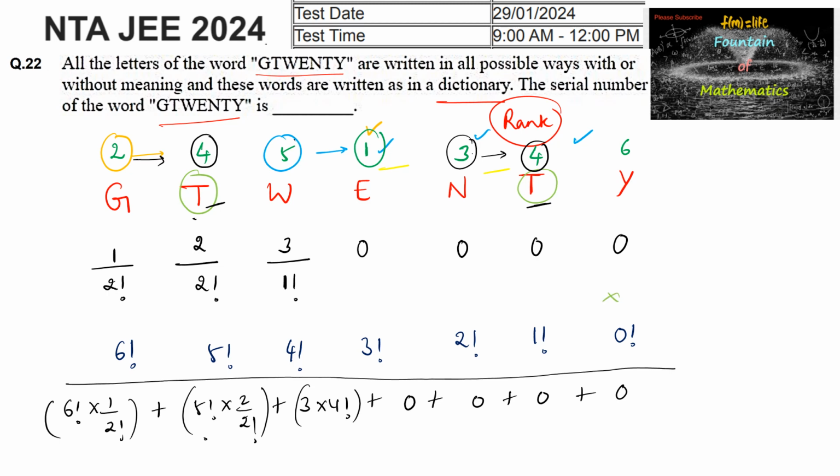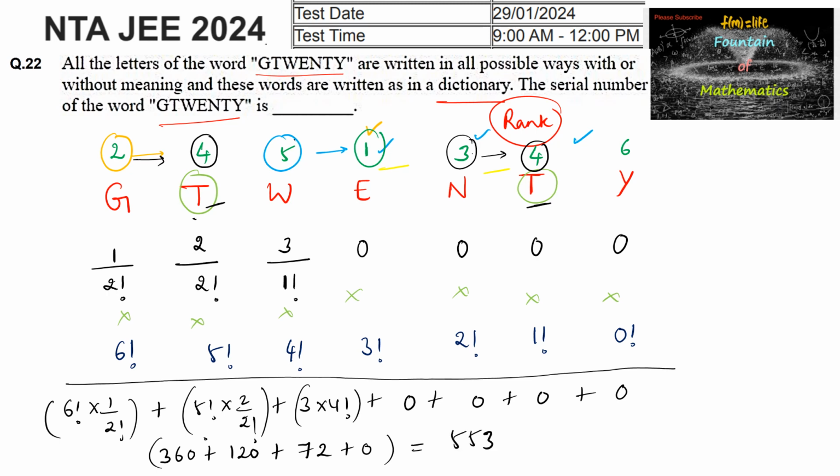So respectively I just multiplied, so that we will be getting 6 factorial is 720 divided by 2, which is 360. And 2 factorial upon 2 factorial is 1. 1 into 5 factorial is 120. And 4 factorial is 24. 3 times 24 is 72, plus 0. So we can say that 360 plus 120, 480, plus 72 is 552.